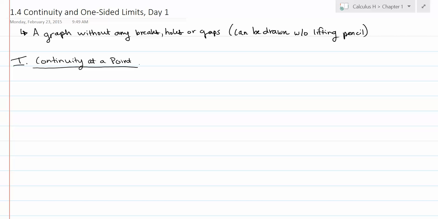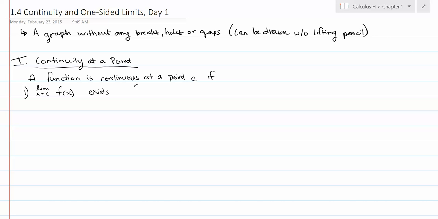A function is continuous at a point c if the following things hold true. Number 1, the limit as x approaches c of f of x exists.